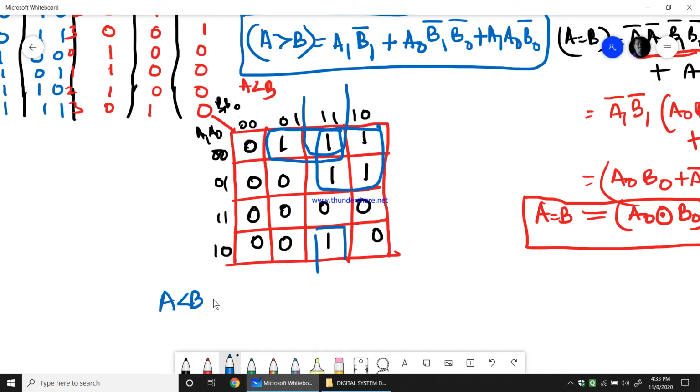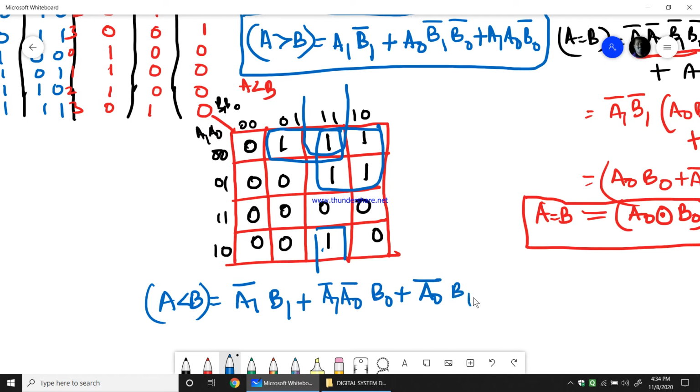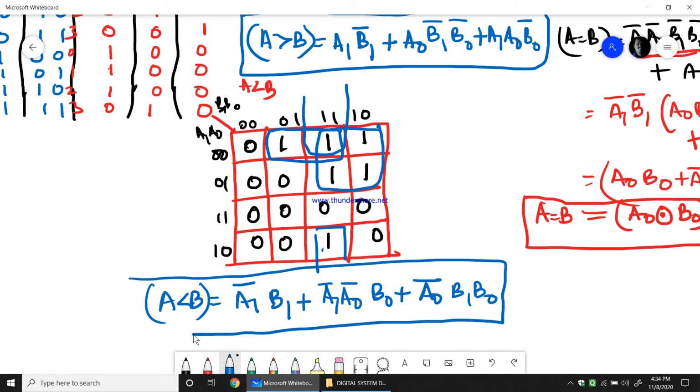Therefore, A less than B equals, these four ones will cancel A0 and will give you A1 bar, and then B0 is cancelled, so I'll get B1, plus these two ones will give me A1 bar A0 bar, and it will cancel B1 and I get B0, plus these two ones will cancel A1, I get A0 bar B1 B0. Now this is the expression for A less than B.